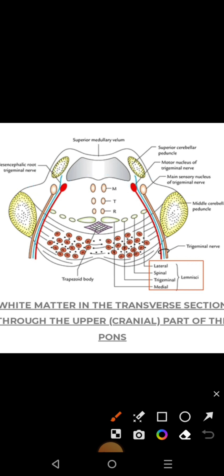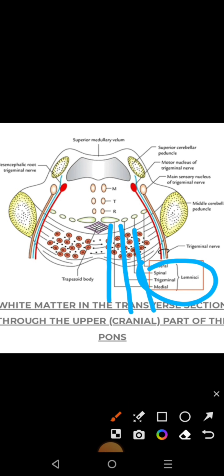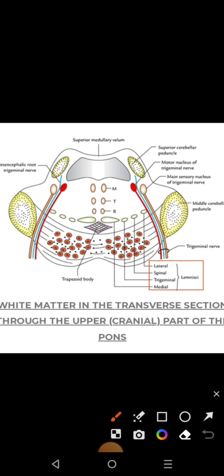Okay, after that important thing, what else would you see? Here you observe various lemnisci, right? The medial one is the medial lemniscus, then a little bit adjacent to it is the trigeminal, and then adjacent to it is the spinal, and this is the lateral lemniscus. So how to remember that all four lemnisci are being shown here, how to make them learn easily?